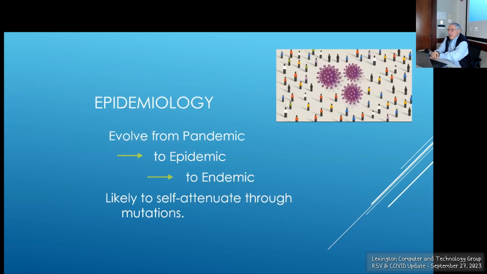First, I brought this point out when I gave my first talk on COVID, when it first started: that it would evolve from a pandemic, which means everywhere in the world, to an epidemic, where some areas have it and some don't, to endemic, where it's just generally in the population. We had a Delta boost, but I think we're really more in the endemic period now.